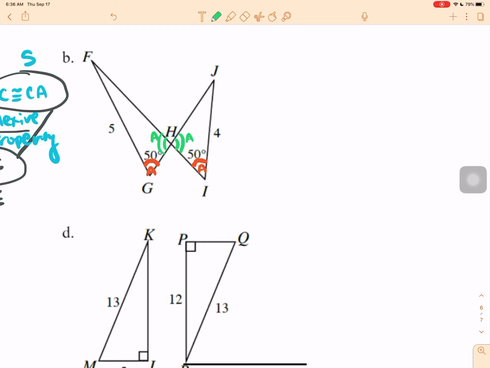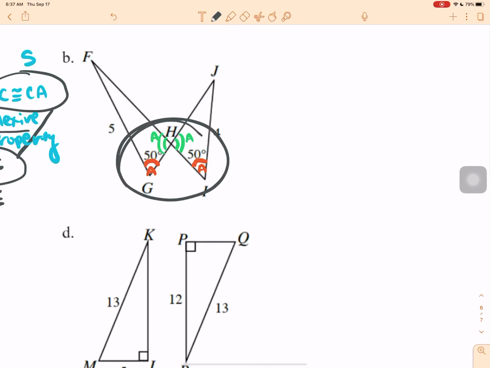Nothing else. 5 is not equal to 4. So the sides are not congruent, and we have no idea about this side. I mean, who knows? Maybe this side equals that side, but are there any markings? No, right? So we don't know. So we only have two angles.